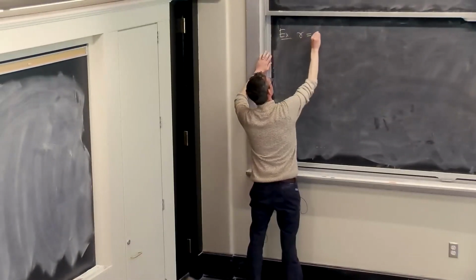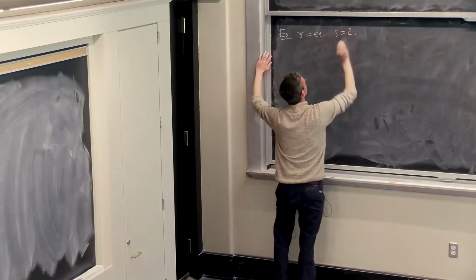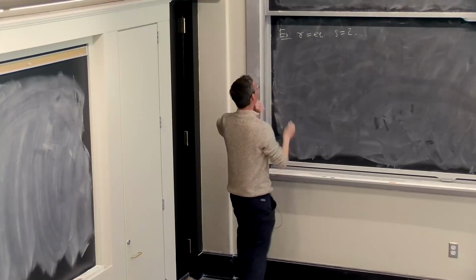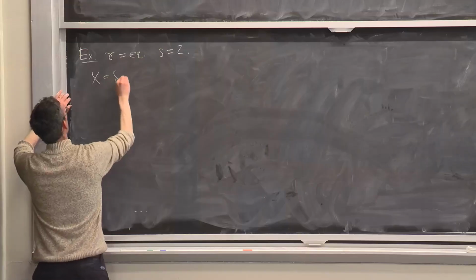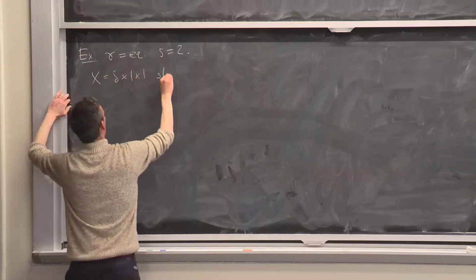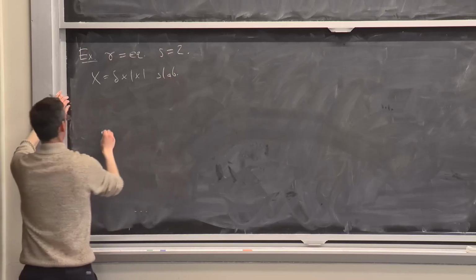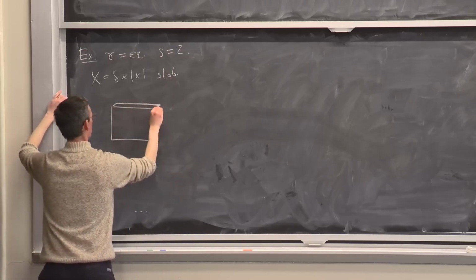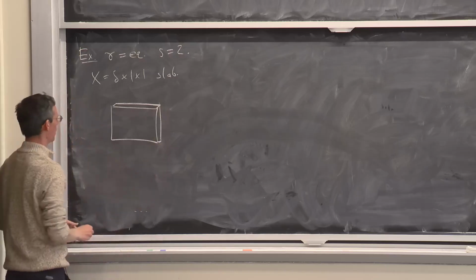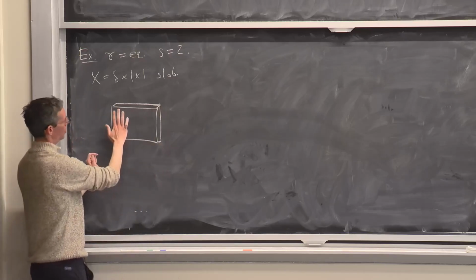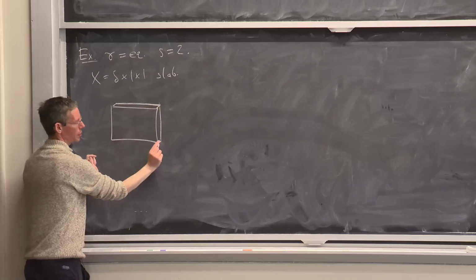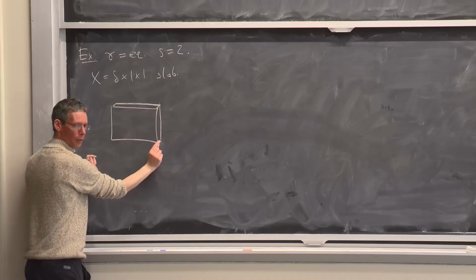Say gamma is the equator, and s is 2. So we have a quote-unquote two-dimensional set, a delta 2 set. OK, so our set X is going to be a delta by 1 by 1 slab. And so imagine that the two big directions are in the plane of the blackboard, and this slab is sticking out of the blackboard by a little bit, delta.